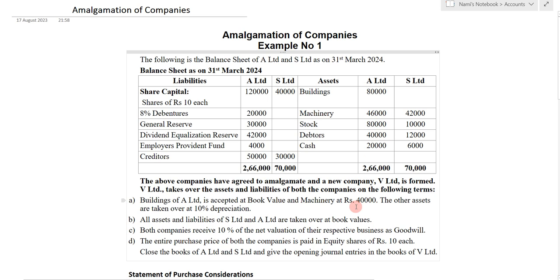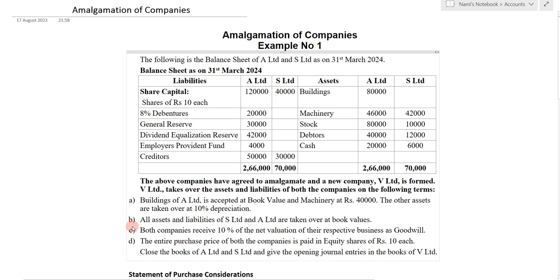But V Limited took the machinery of A Limited at rupees 40,000, and the other assets are taken over at 10% depreciation, leaving buildings and machinery. The remaining assets, stock and debtors, are taken at 10% depreciation.